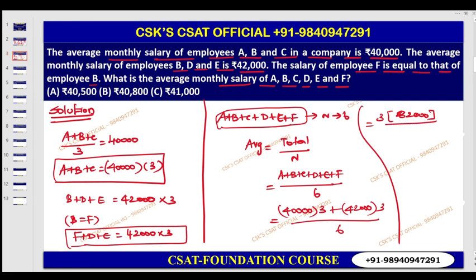So automatically you can see 2 times here. That is why I'm not cancelling there. Even if you cancel, not an issue. You can cancel also, which is nothing but 41,000, right? The average monthly salary of the 6 people here is nothing but 41,000.